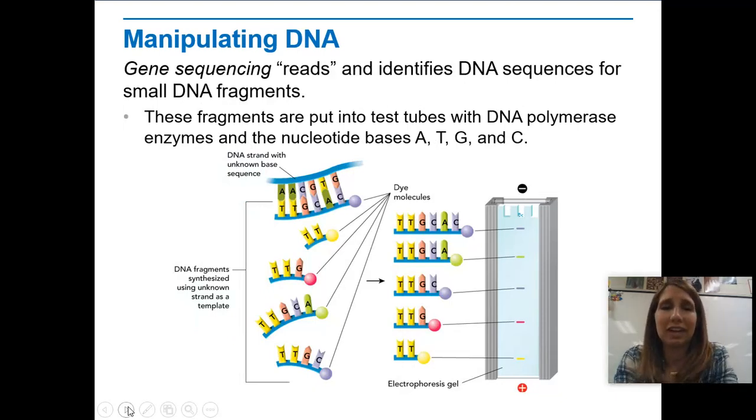In addition to that, gene sequencing. So one of the other things we can do, and this is one means by which we've been using biotech to help map out the human genome, and I'll talk about that in a second. But gene sequencing is essentially identifying the order of letters. So let's say, going back to my original story here, I have a gene that I'm interested in.